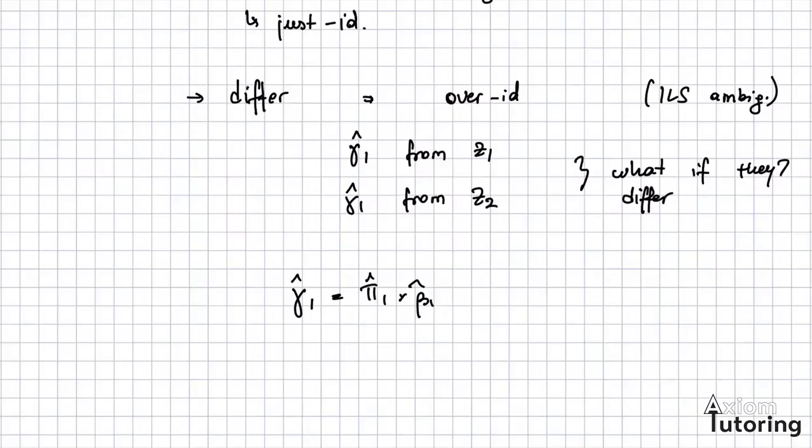The reduced form, intent to treat, and indirect least squares are all versions of this formula. And again, this will equal 2SLS in the just identified case, but 2SLS is preferred in the over-identified case where ILS becomes ambiguous. In the next video, we'll work through a complete numerical example, computing the first stage, reduced form and IV estimate step-by-step and verifying basically ILS and 2SLS give the same answer.